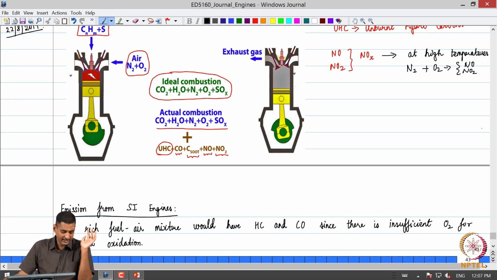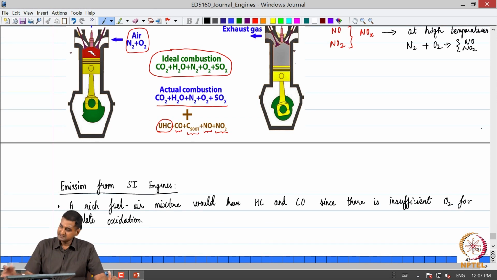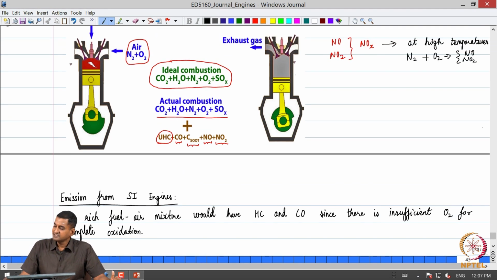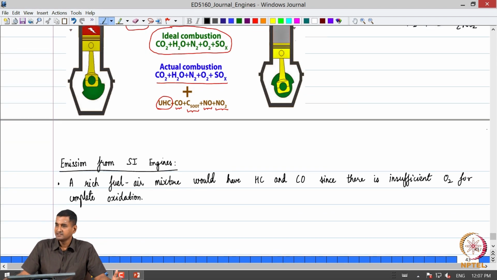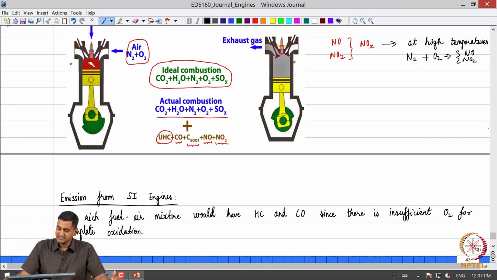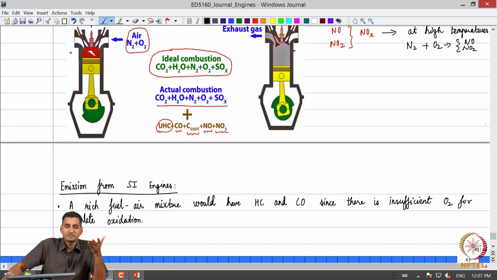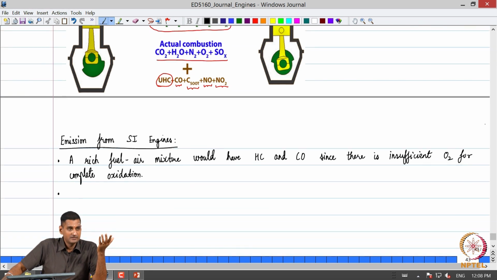So whenever we have high temperatures in the cylinder, we are going to have NOx formation. And when would the cylinder temperature be the highest? When the fuel air mixture is close to the stoichiometric mixture. When the fuel air mixture is close to the stoichiometric ratio, the combustion process is pretty efficient as far as the conversion of chemical energy to thermal energy is concerned, and the cylinder temperatures would peak.